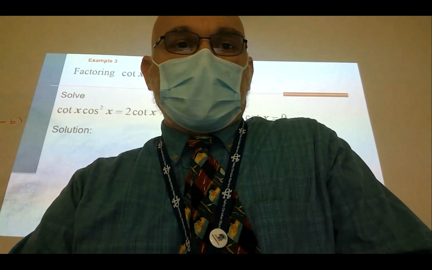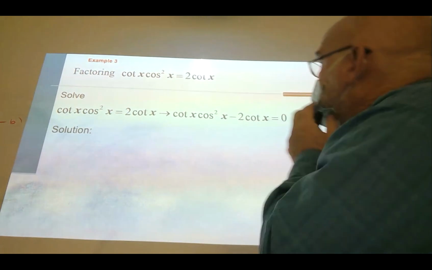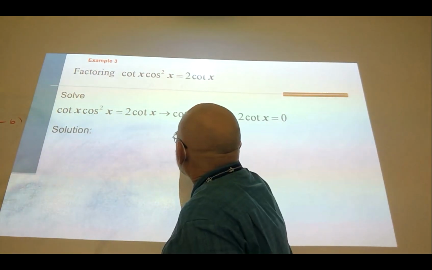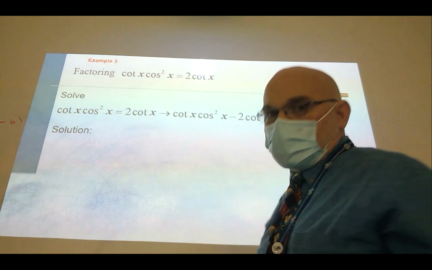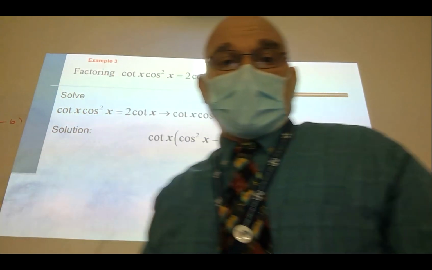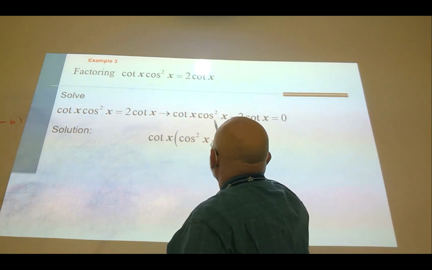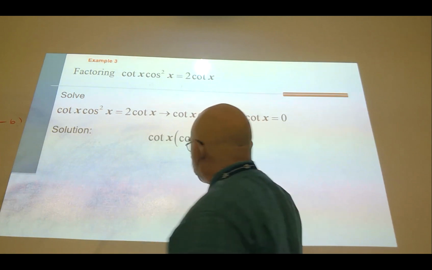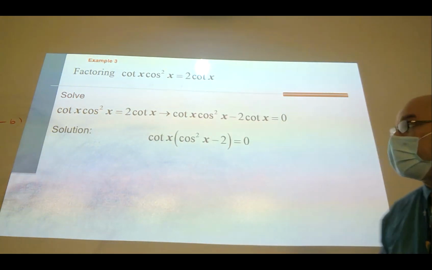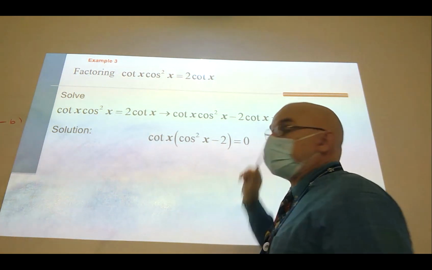Now how do I solve this? I can factor out a cotangent of x from both terms, and I'm left with cosine squared x minus 2. Now I have two factors. They're different trig functions, but that's okay, because I can solve each one of these factors individually for 0.